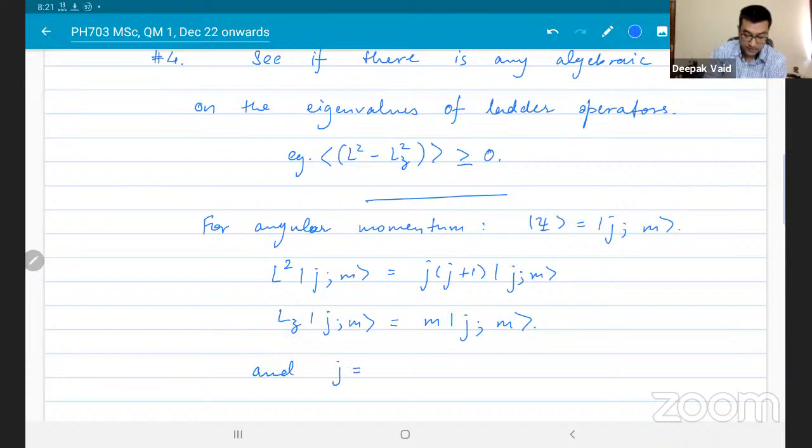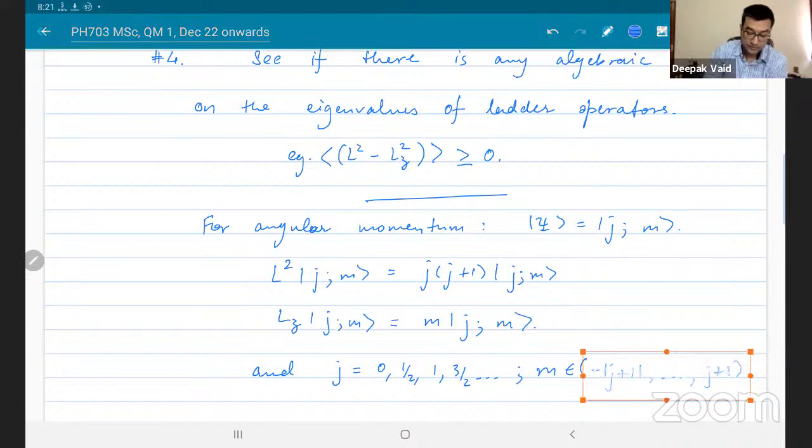And we have that the eigenvalues of j are going to take these, and m takes values in this set, minus j plus 1 to j plus 1.